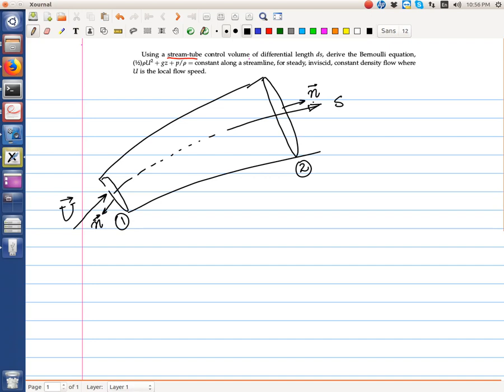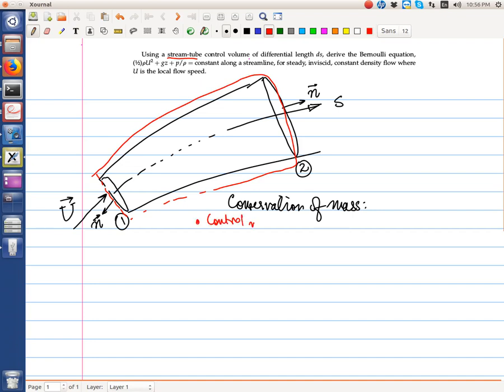Okay, so now let's first do conservation of mass. So we choose a control volume which does not move. Okay, so this is our control volume. So the control volume is fixed, b equal to 0.